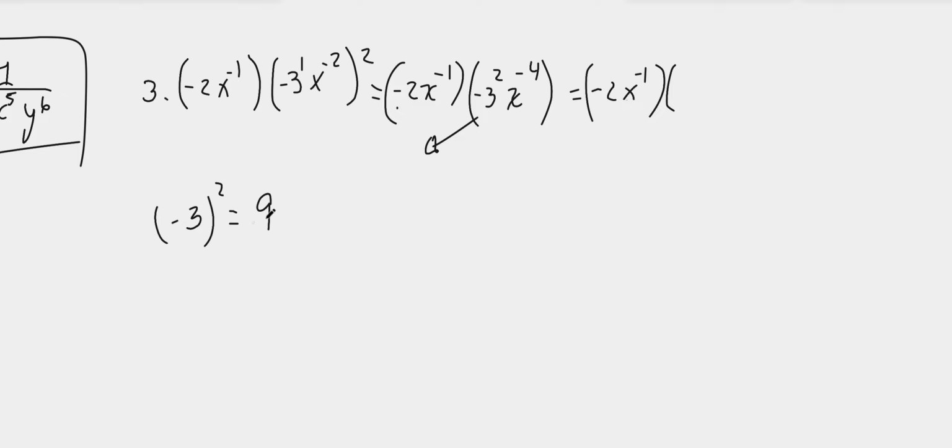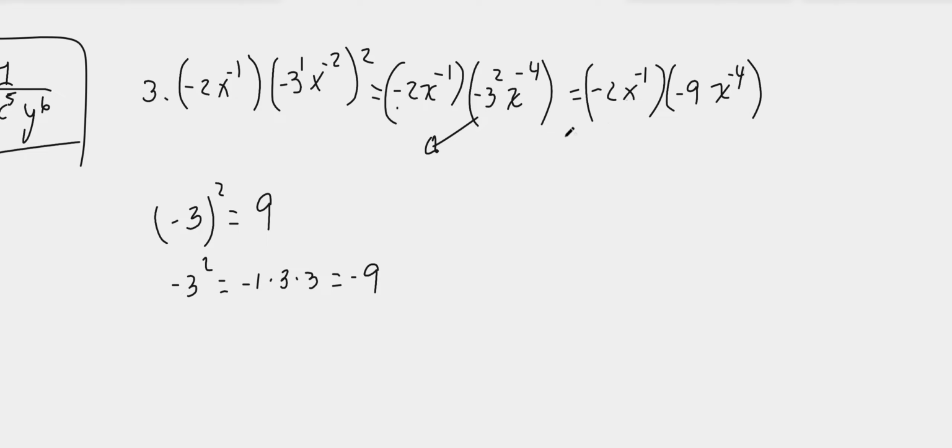This would be positive 9, but because we have it like this, the way that it's interpreted is as negative 1 times 3 times 3. And that is negative 9. That's why I was saying that it's a little bit confusing. So this is actually negative 9 and x to the power of negative 4.